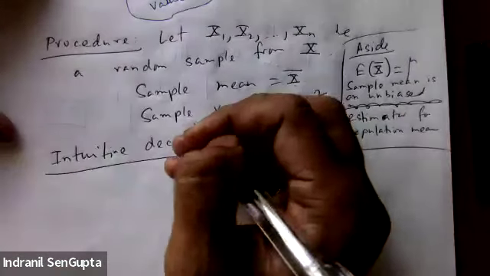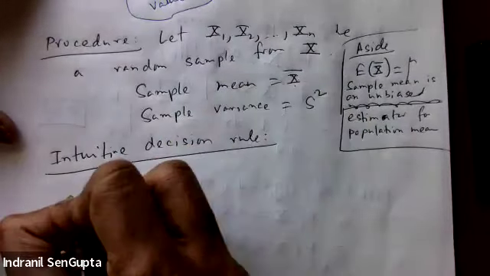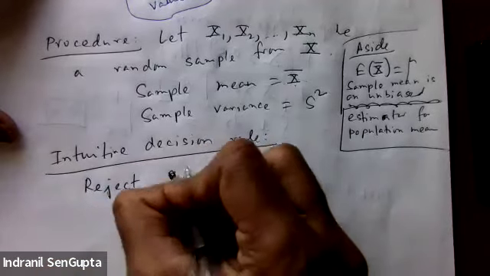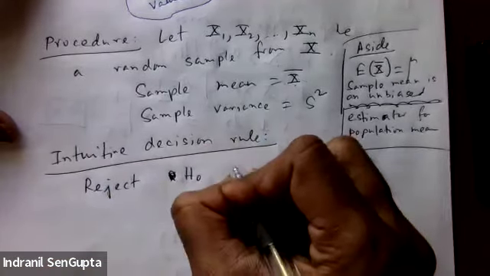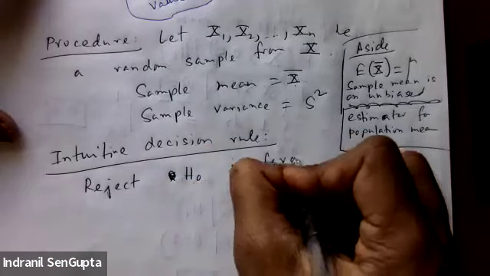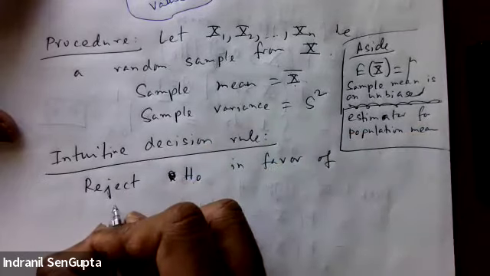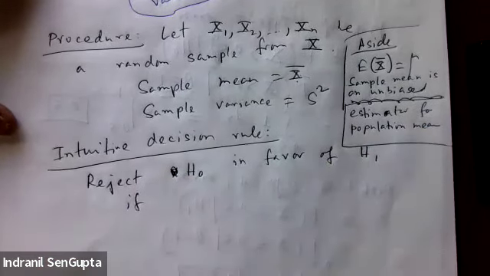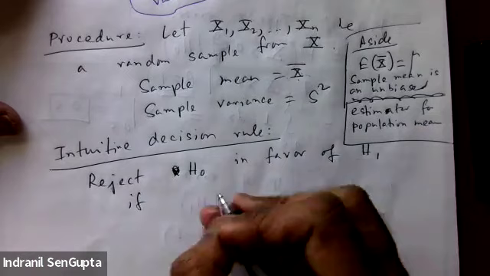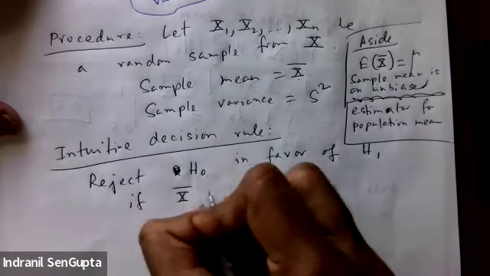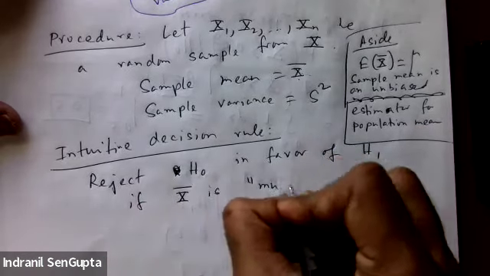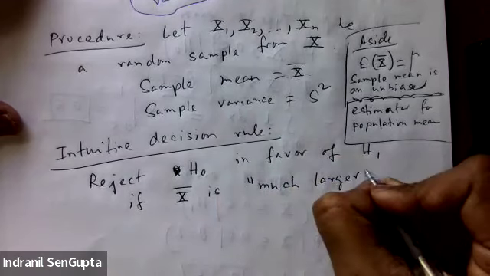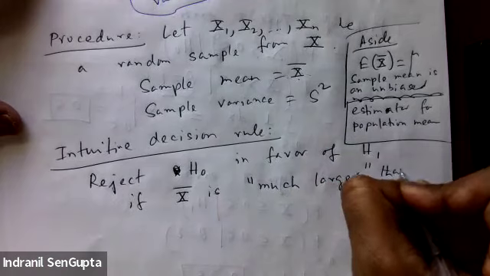So here's an intuitive way: reject H0 in favor of H1 if X bar is, let me put it in quotes, much larger than mu zero.